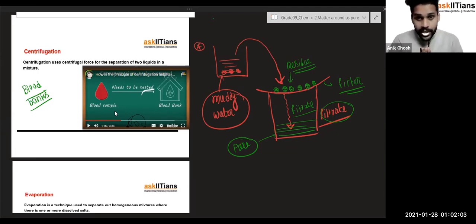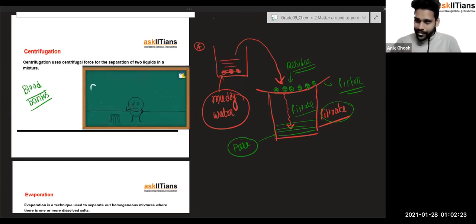And from there they give you the count of each, right? In your report, you would see the RBC amount, the WBC amount, the platelets amount, all of them. Now, how can we separate them? That is called the centrifugation method.